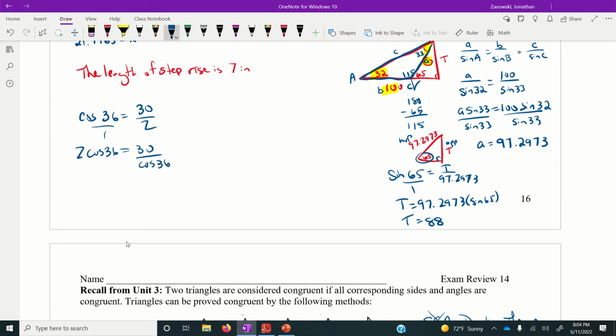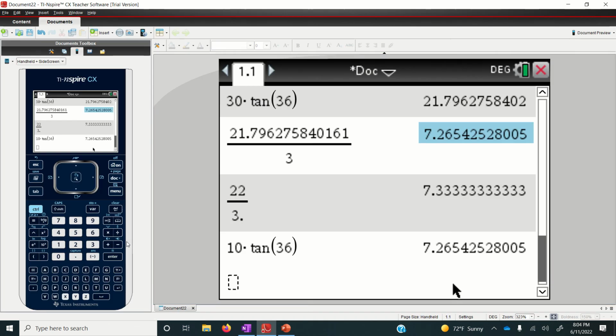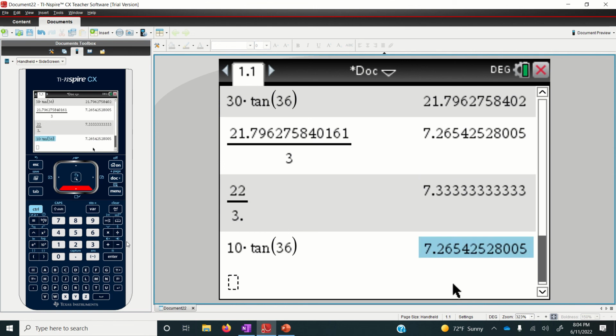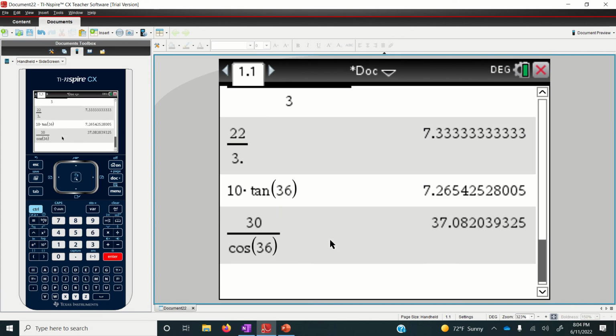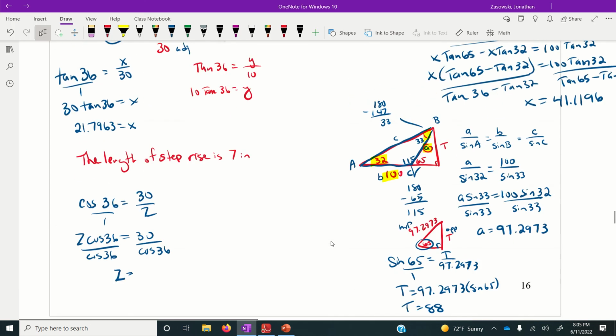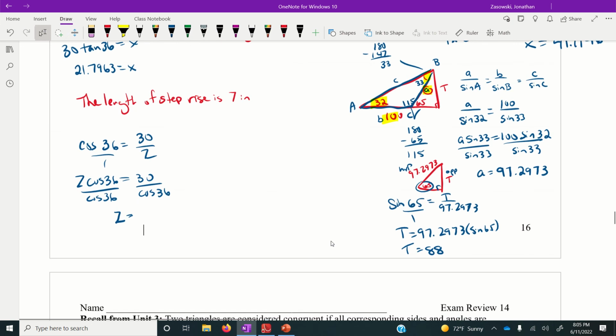And then we can divide by the cosine of 36 from both sides. And we'll get z is equal to 30 over cosine 36. Trig, cosine, 36. To the nearest inch, it's going to be 37 inches. Okay? So the length of each step rise is 7 inches, and the length of AC is 37 inches.